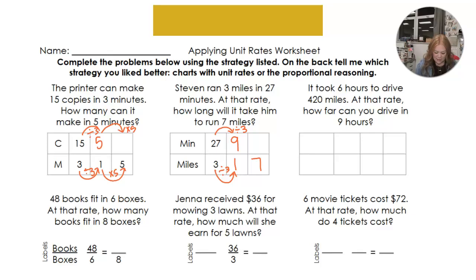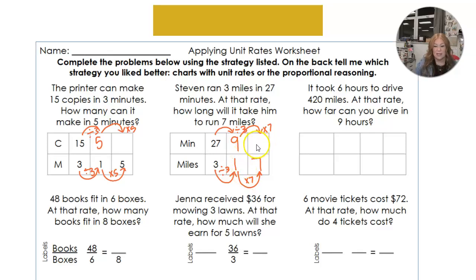And now we're saying, how do I get from 1 to 7? We're timesing by 7. 1 times 7 is 7. So we're going to take 9 and times it by 7. So 9 times 7. And then you're going to put your answer. And that's how many minutes it's going to take them to run 7 miles. So each one, we're just going to the 1 and then to what we need.